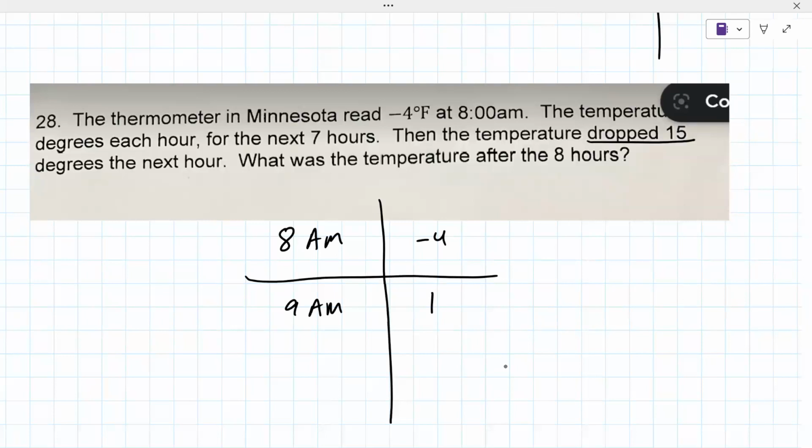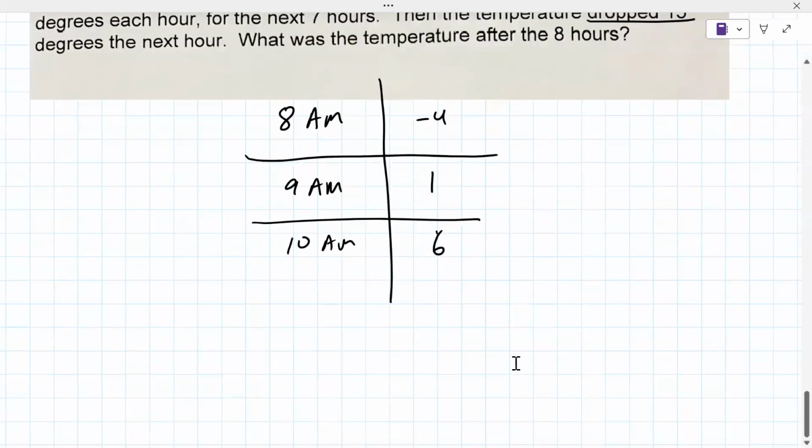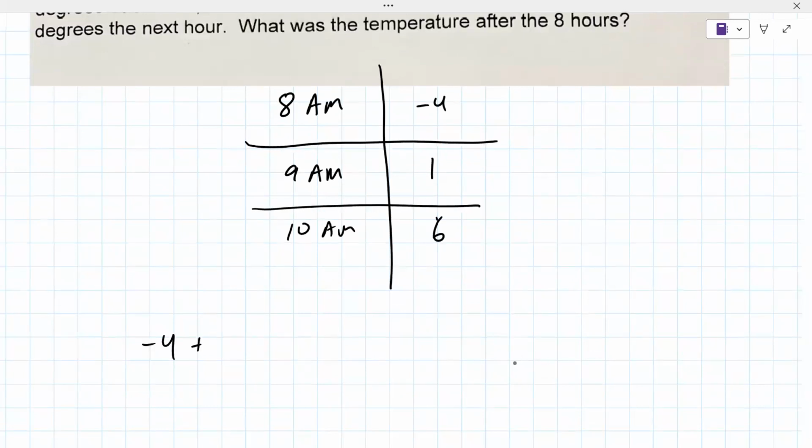So you can make a table here, like you just said. I think we did this in the previous round. It was like +5, +5, +5, right? So -4 plus 5 is 1.